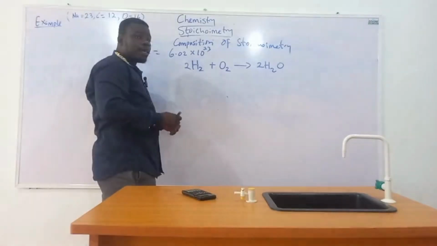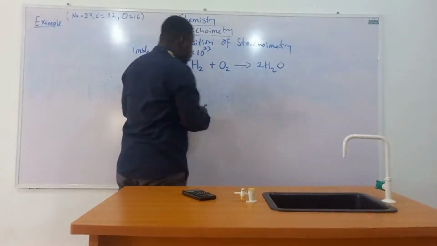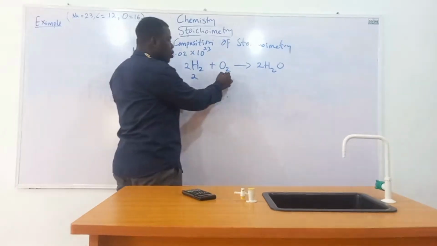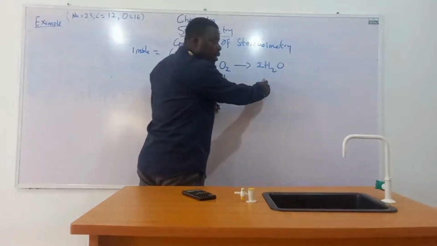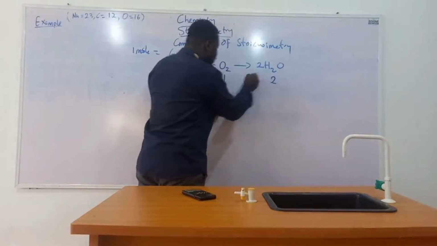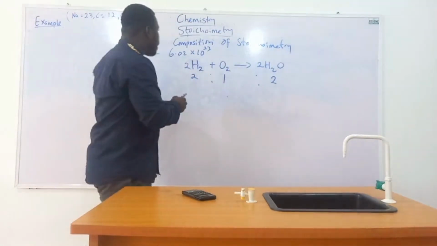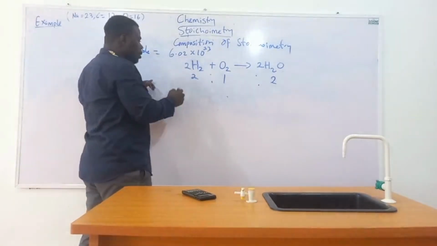Now, firstly, we have to identify the number of moles this reaction contains. So hydrogen has 2 mole, oxygen has 1 mole, then water has 2 mole. Now, recall that 1 mole is equal to Avogadro's constant, right?